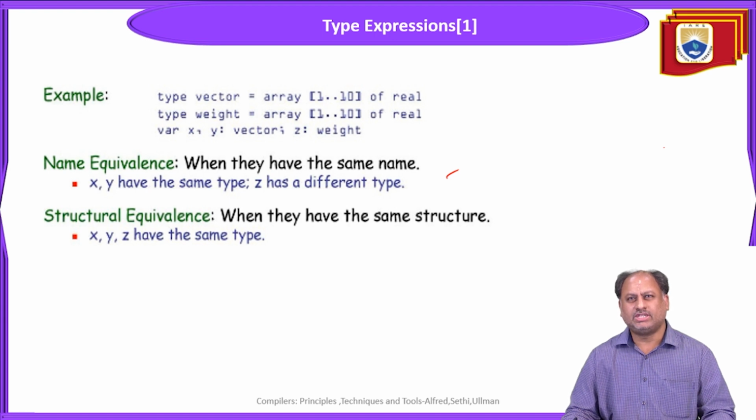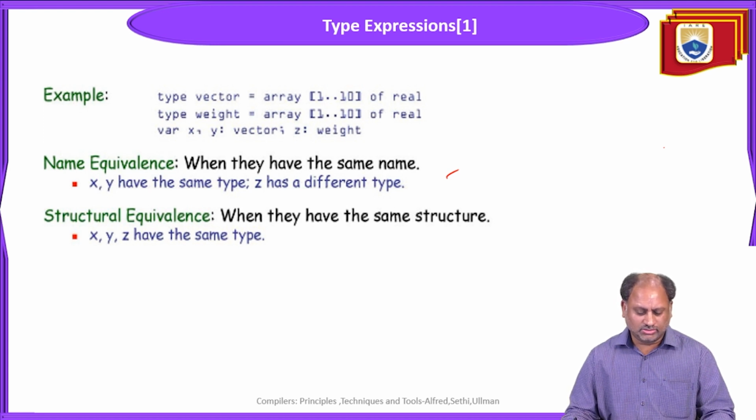But if it comes to the structural equivalent notation, X is of type array and Y, Z all belong to the same. So here we don't see the name, but we have to see the structure. Here the structure is array. So that's why we can say that all three variables belong to the same structure, so they are structurally equivalent.